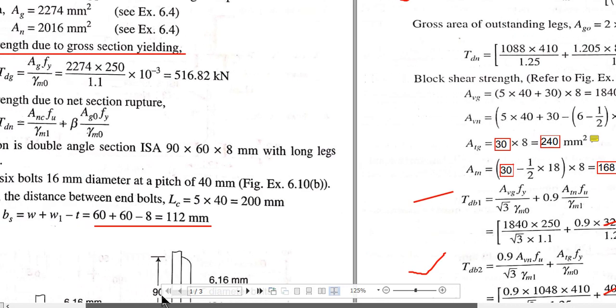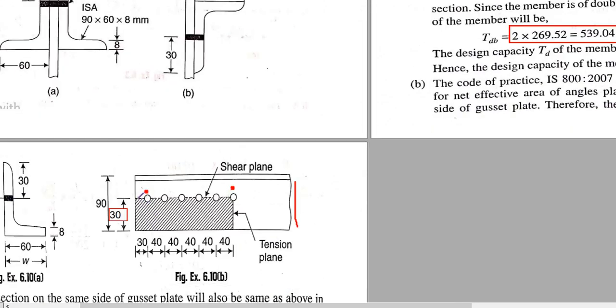Similarly for the shear net area, in this line from this point to this point, there are 1 2 3 4 5 bolts and a half bolt here, because the corner point will be at the center of the bolt, so half the diameter should be deducted for this bolt. So 5 plus half, that means 5.5 bolt holes should be deducted.